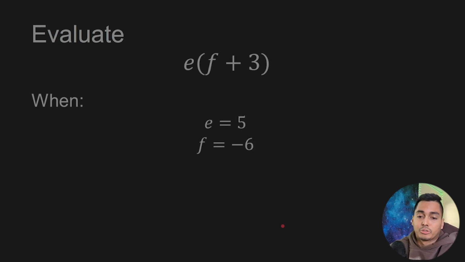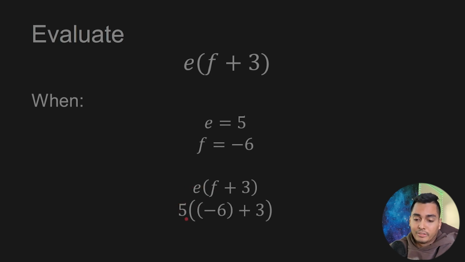Okay, for our next example, we have the expression e times f plus 3, where e is 5 and f is minus 6. Same exact procedure. All we have to do is replace our variables. So e is 5, so we're going to change that e into a 5 and that f into a minus 6.